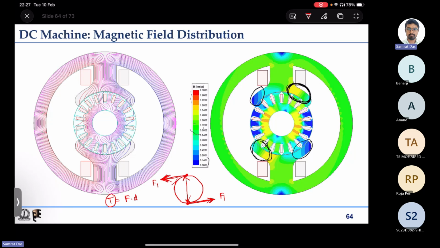There will be a number of forces acting at different teeth, which in their net effect will produce that torque. Although this torque is proportional to F1, F2 and sine delta, that is a gross expression that does not tell you anything about the force density distribution.